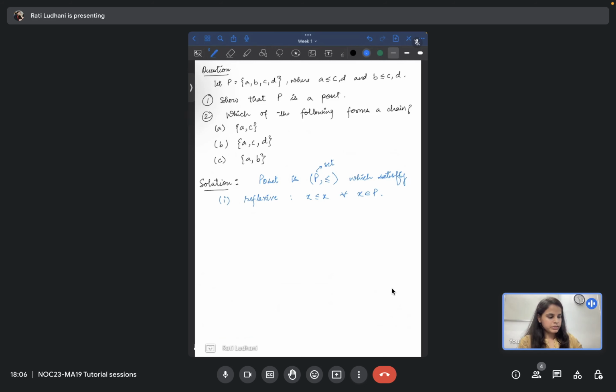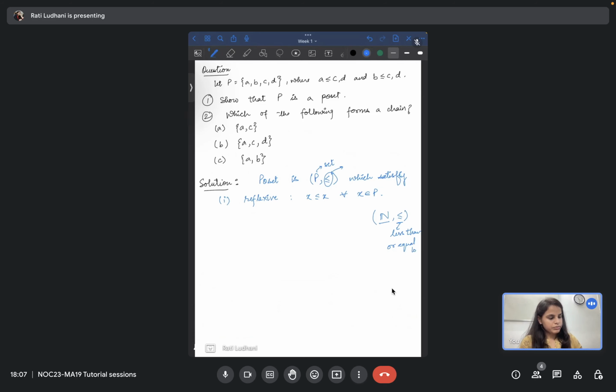For example, you can take natural numbers with the relation less than or equal to. In general you can define the relation to be divisibility or something else, but it should satisfy these three properties: reflexivity, antisymmetry, and transitivity. So I am taking natural numbers with the relation less than or equal to.